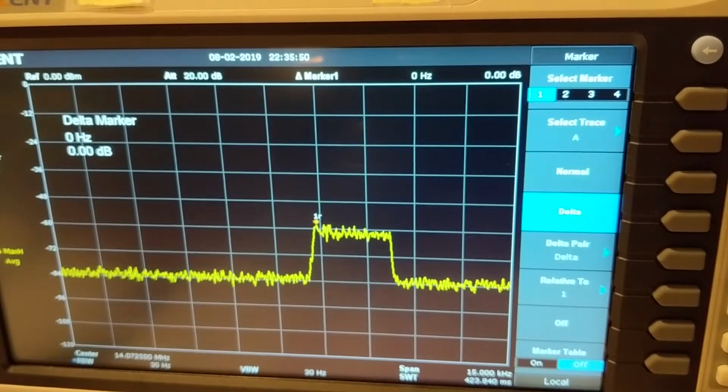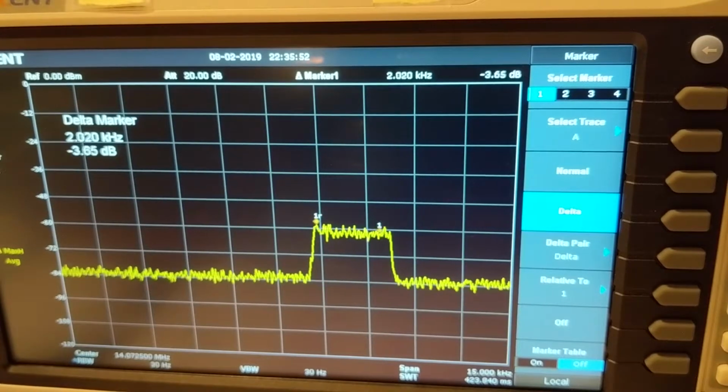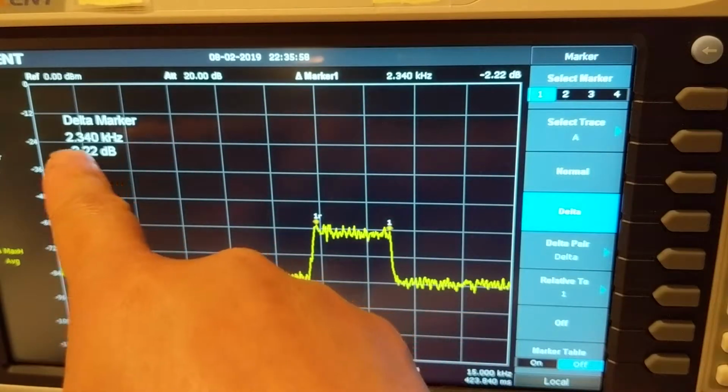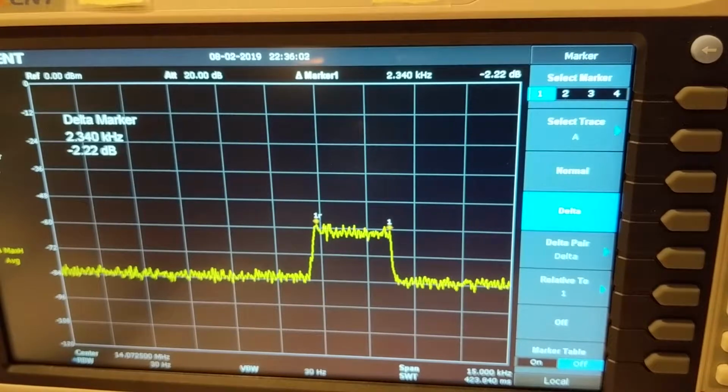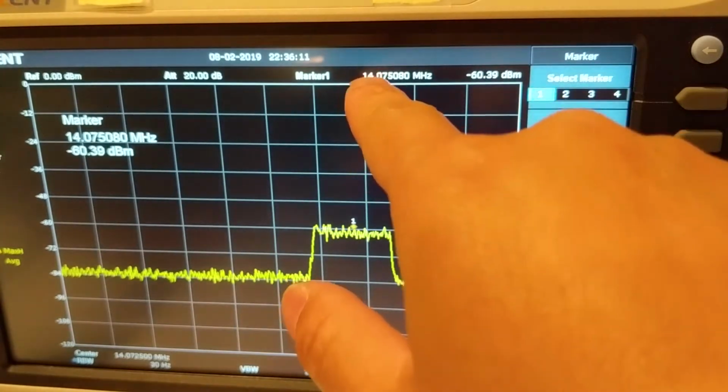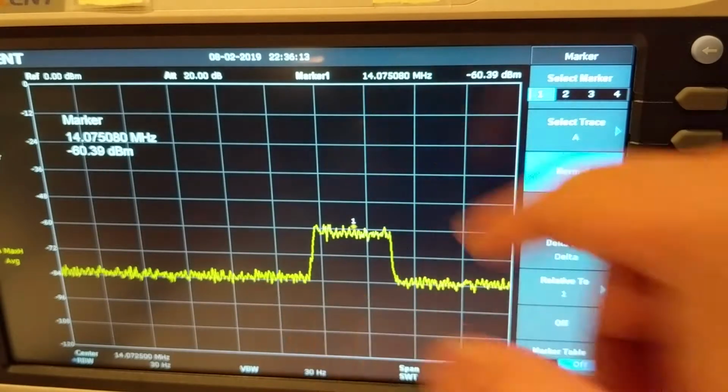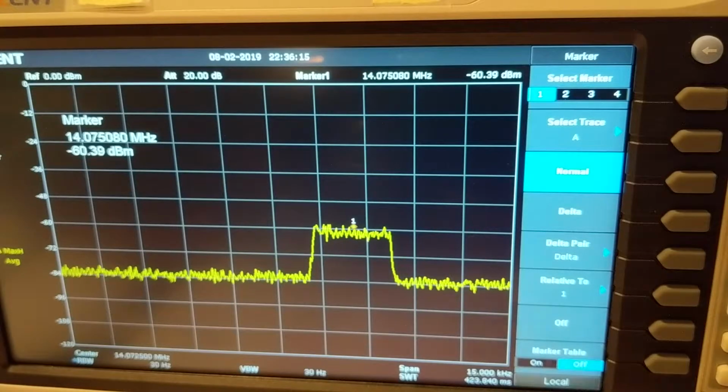Okay, let's split it. It's 2.3, almost 2.4. So let's look at the center: 14.07508.